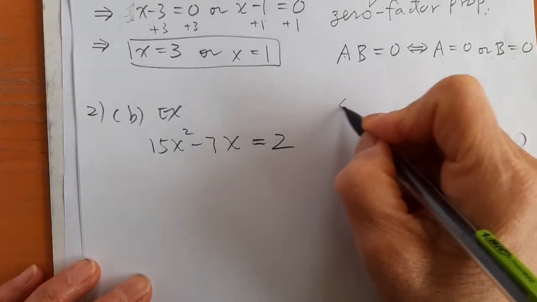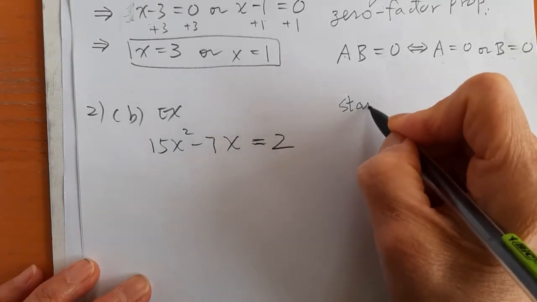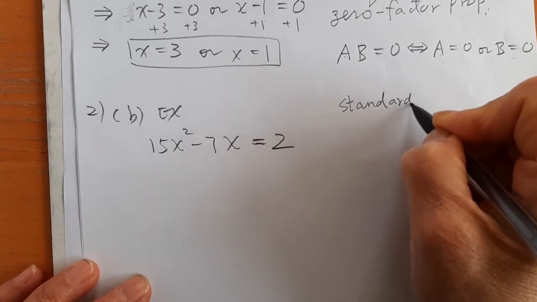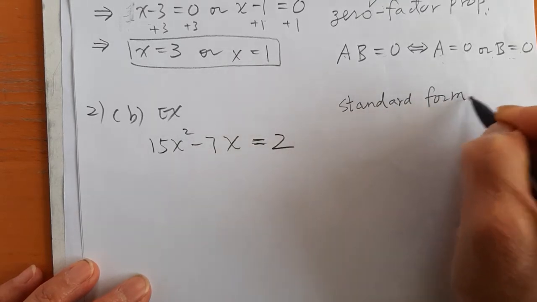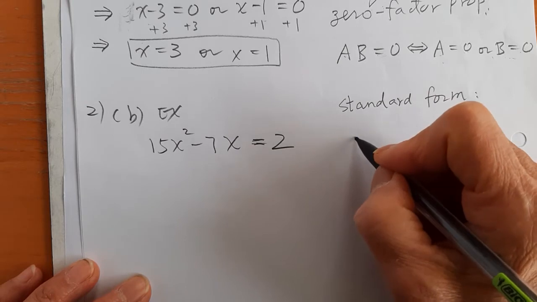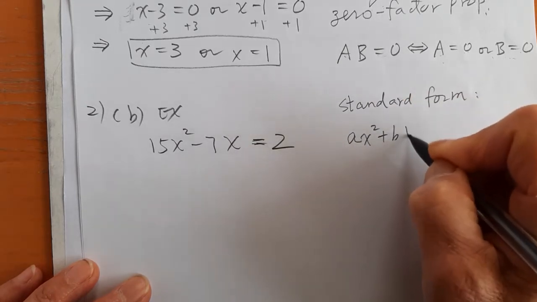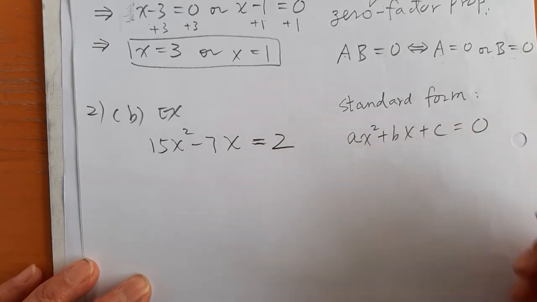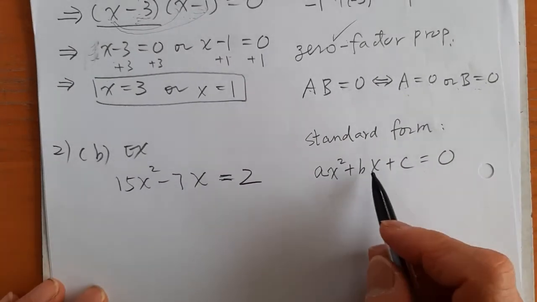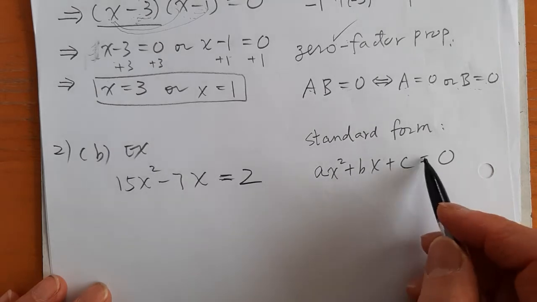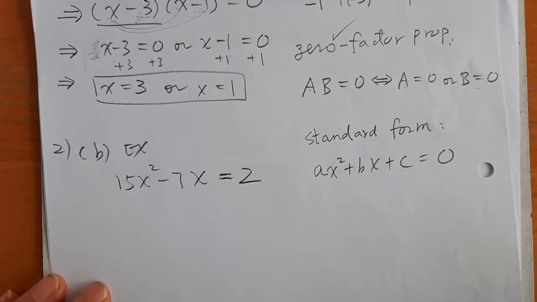What is the standard form of a quadratic equation? Degree is 2, we call it quadratic. Standard form is ax squared plus bx plus c equals 0. All the terms on the left side, and the right side has to be 0.